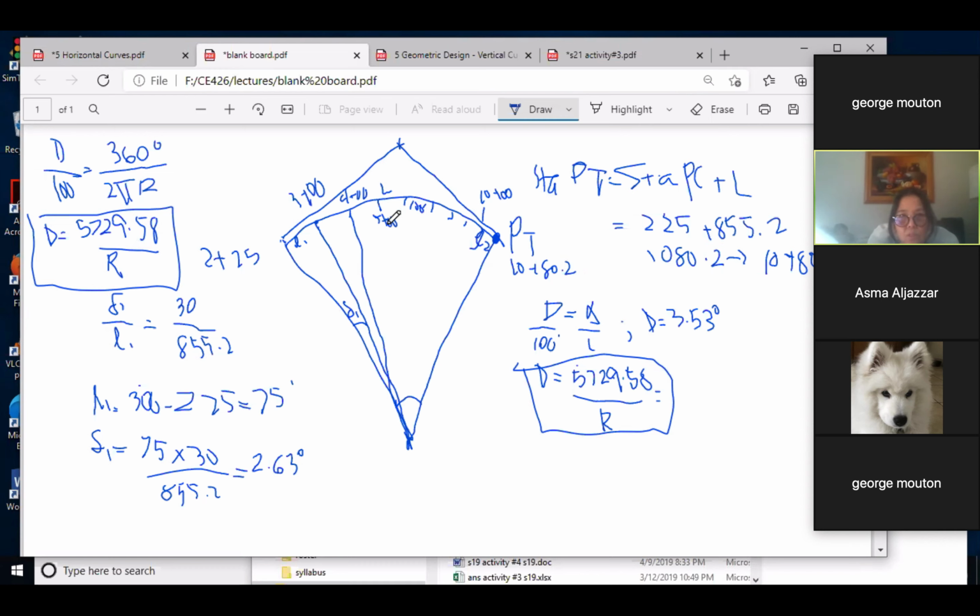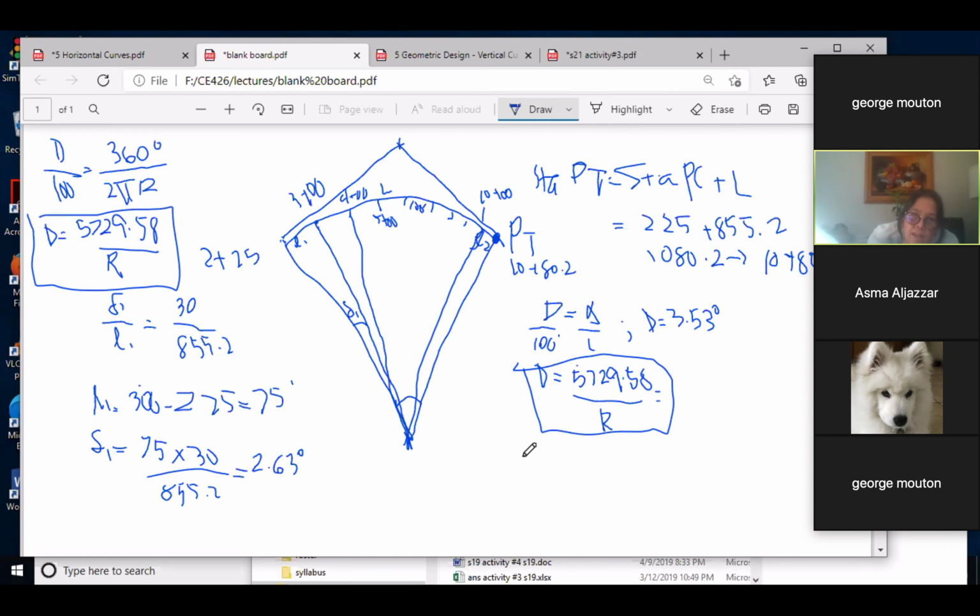So now once you have established the D, the next one will be the last angle here, which corresponds to L2, this length. So this is 10 plus 00, and this is 10 plus 80.2. So we need to calculate the value of L2 here.